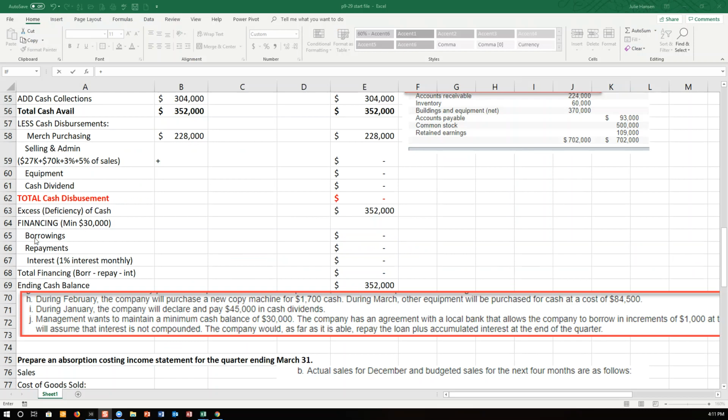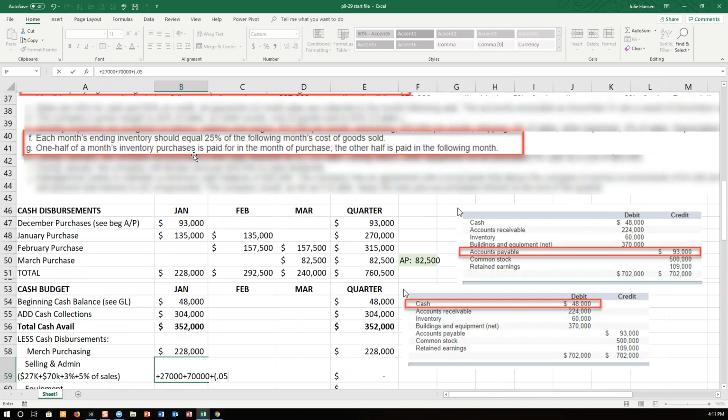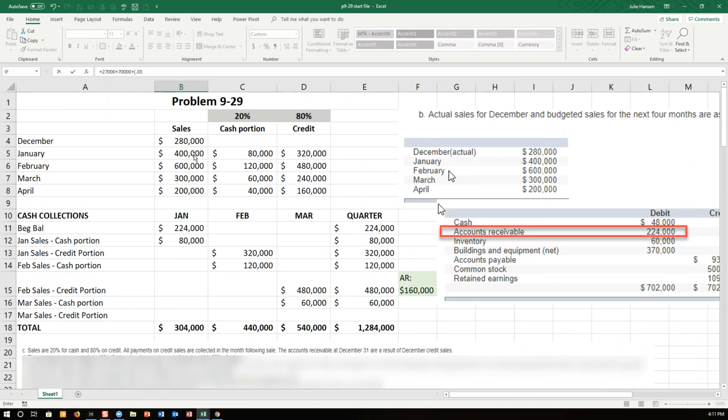So in this one, I'm going to take my $27,000, which is my fixed, plus my $70,000, which is also my fixed, plus 5% of my sales number, which is way back up here for January.